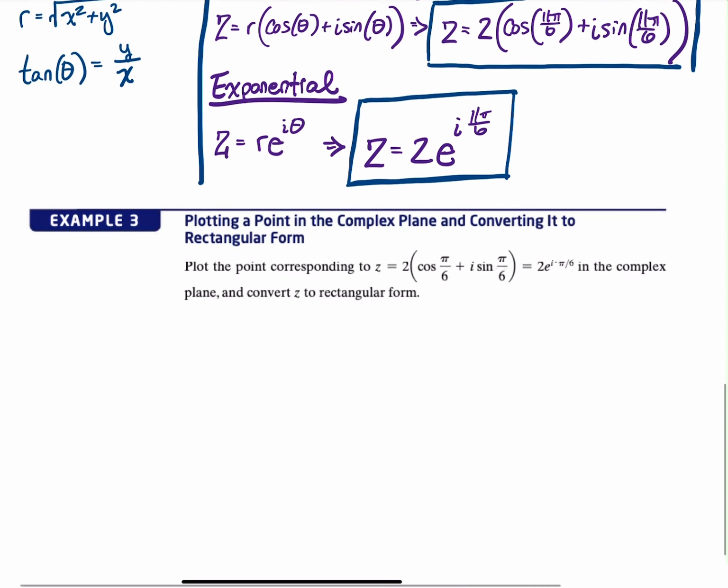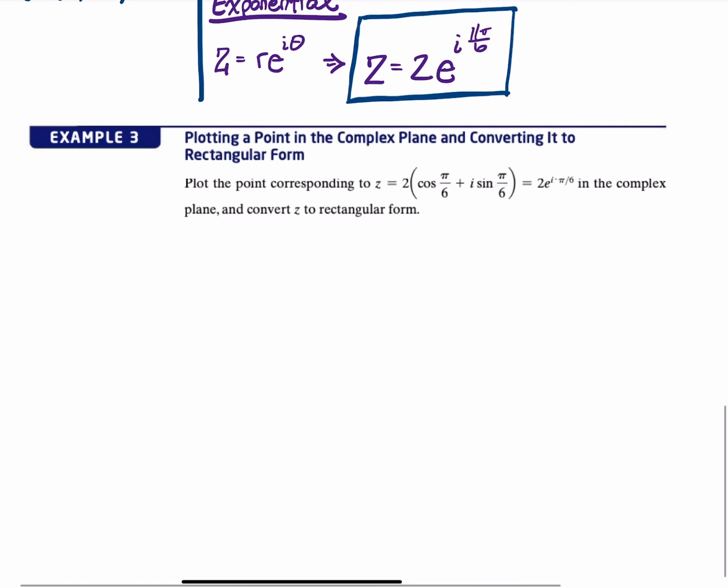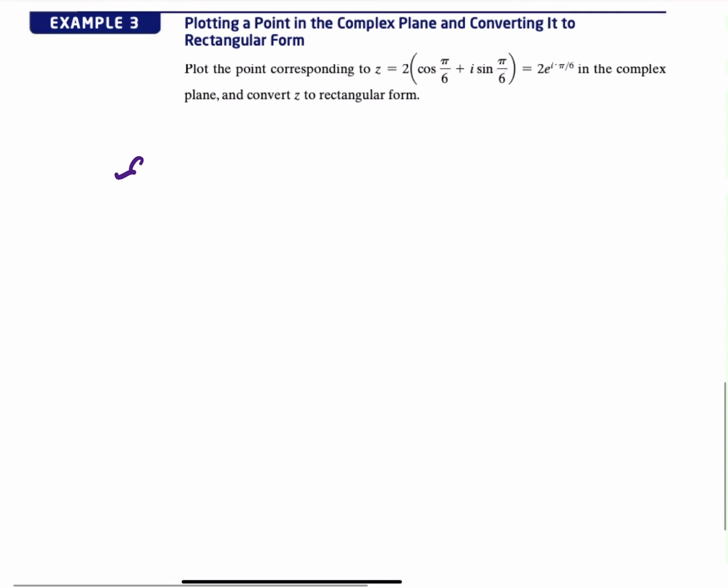All right, in example 3, we're given a number in polar and exponential form, and they want us to convert it to the rectangular form. So they're starting us with z equals 2 times the cosine of pi over 6 plus i times the sine of pi over 6.